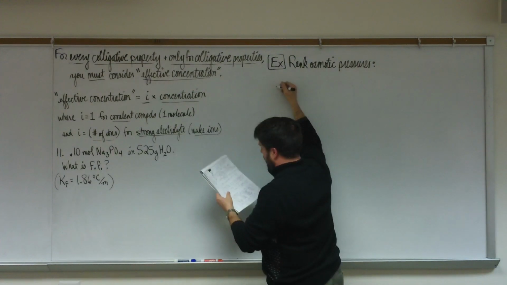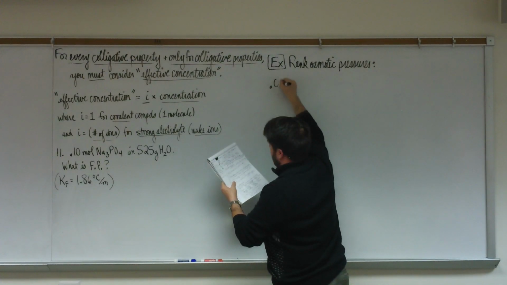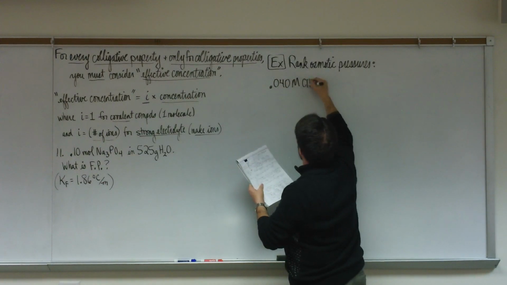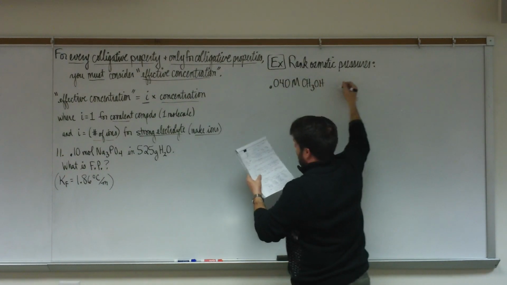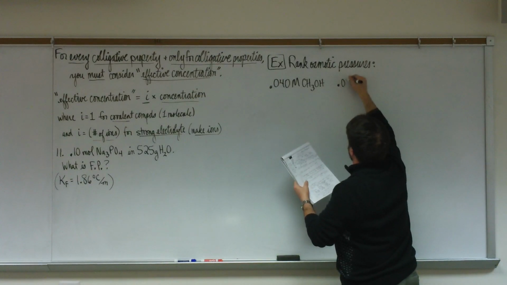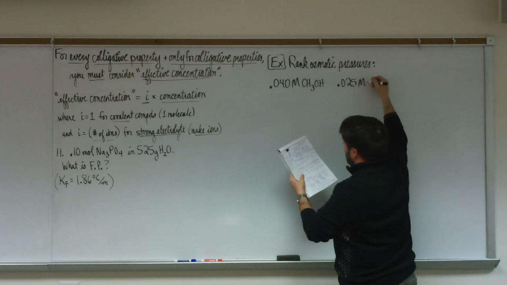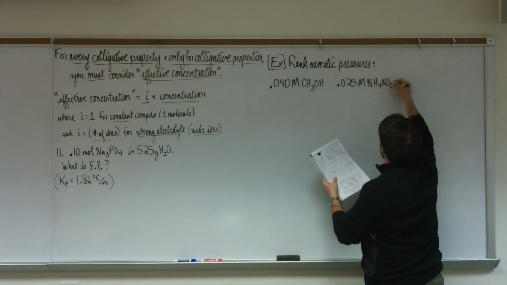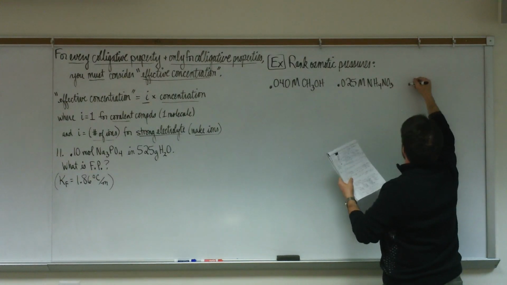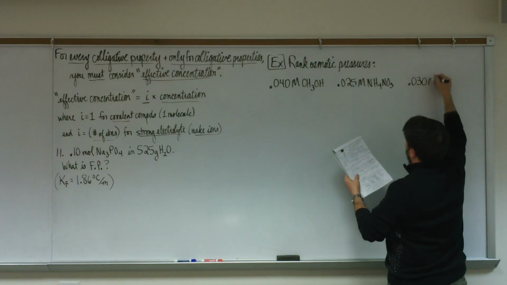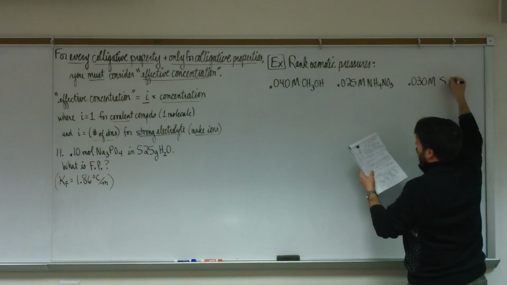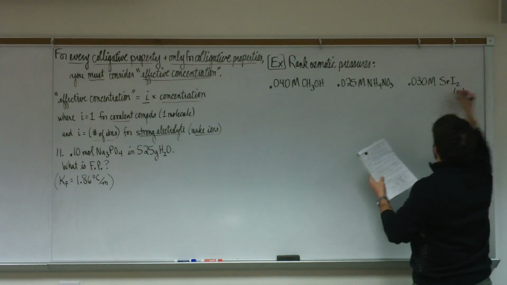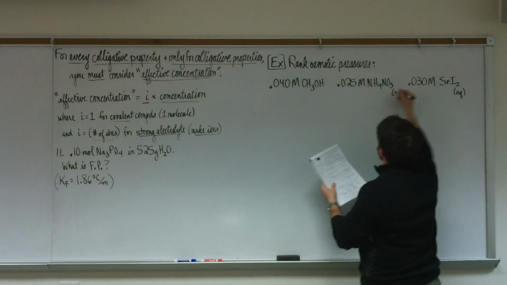Let's say we need to consider 0.040 molarity CH3OH, 0.025 molarity NH4NO3, and 0.030 molarity strontium iodide. All of these solutions are aqueous, they're in water.